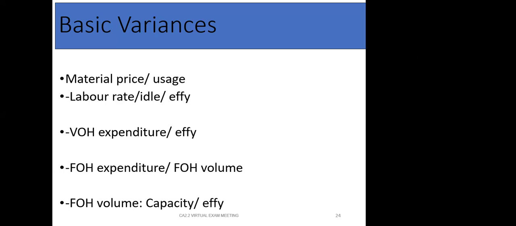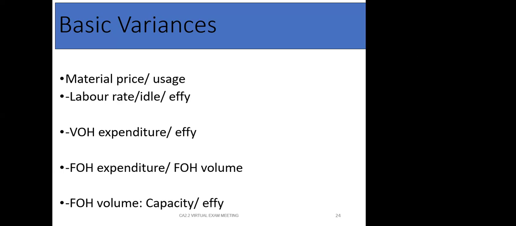The basic variances include material price, material usage variances, labor rate, labor idle, labor efficiency variances, variable overhead expenditure variances, variable overhead efficiency variances, fixed overhead expenditure variances, and fixed volume variances.